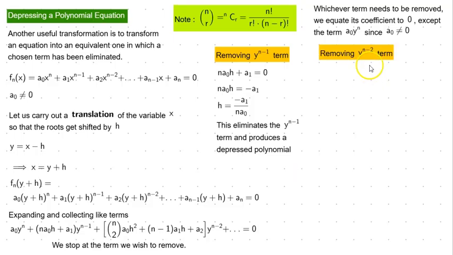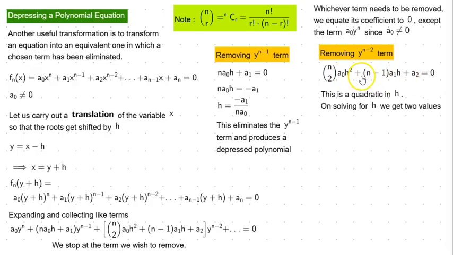Now let's say we want to remove the third term. We equate the coefficient of y to the power of n minus 2 to 0. This is a quadratic in h. We have h square, h and a constant. So it's a quadratic equation in h. So on solving for h, because it is a quadratic, we get two values, which implies two transformed equations.